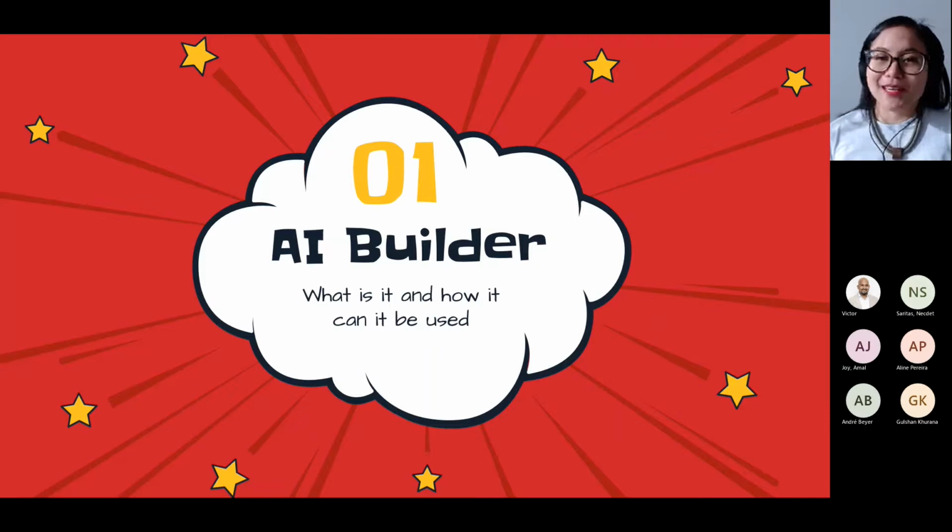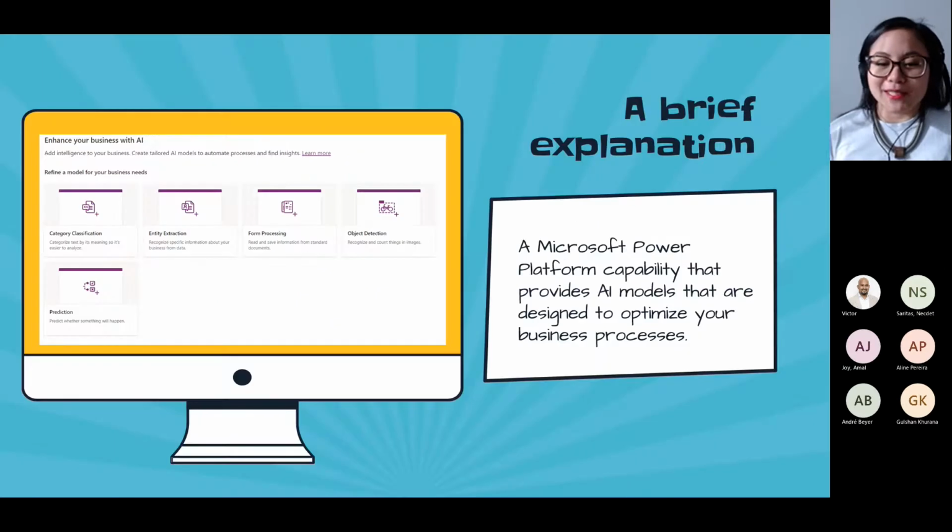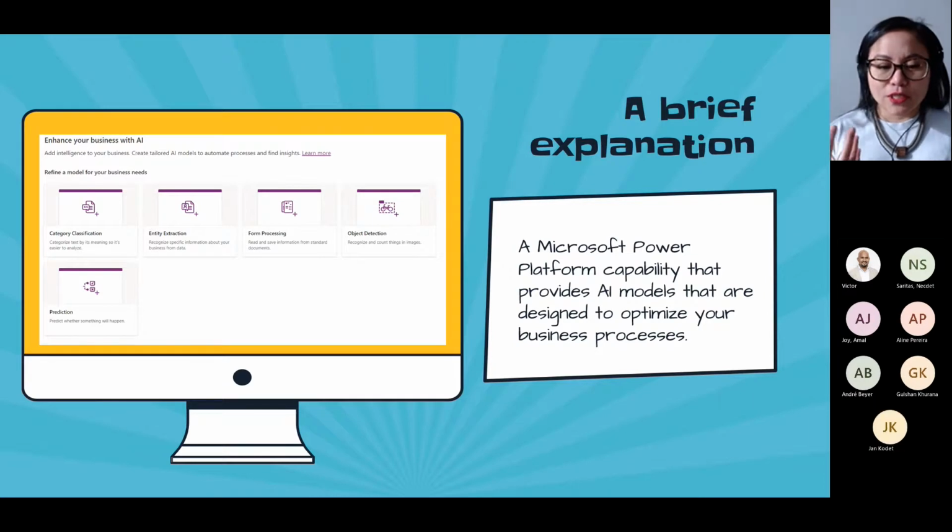AI Builder. If you haven't come across AI Builder before, there are different AI Builder models that you can use. On the screen, we can see that there are 5, and the one that I'm going through today is what we call form processing. Now, the cool thing about AI Builder is that it allows you to do different cool things with processes within your organization.